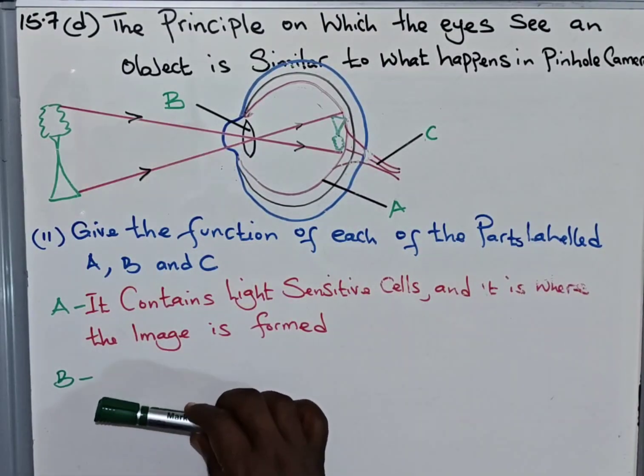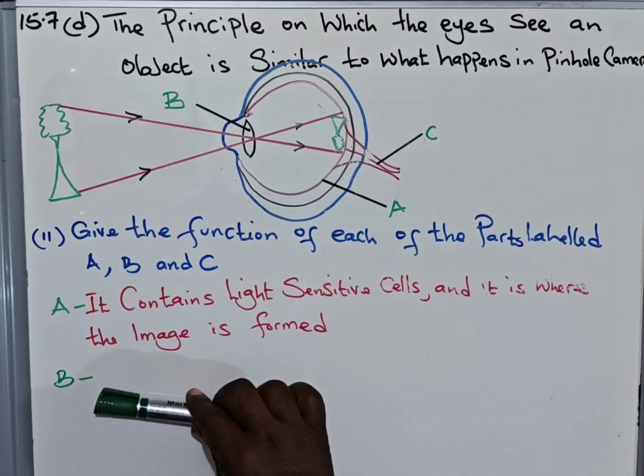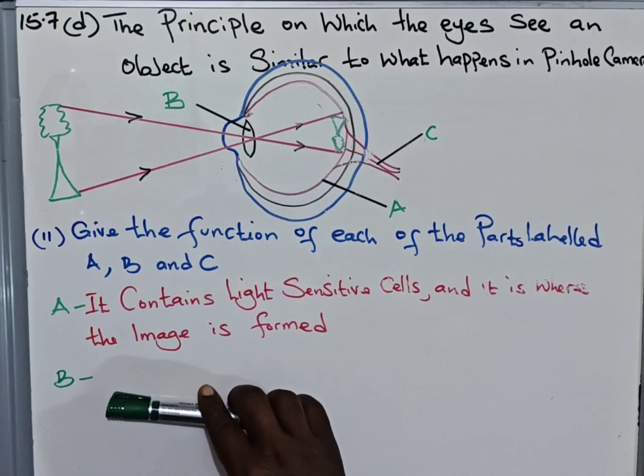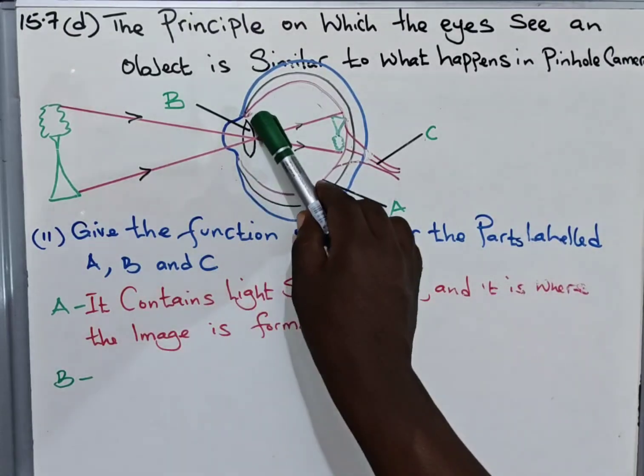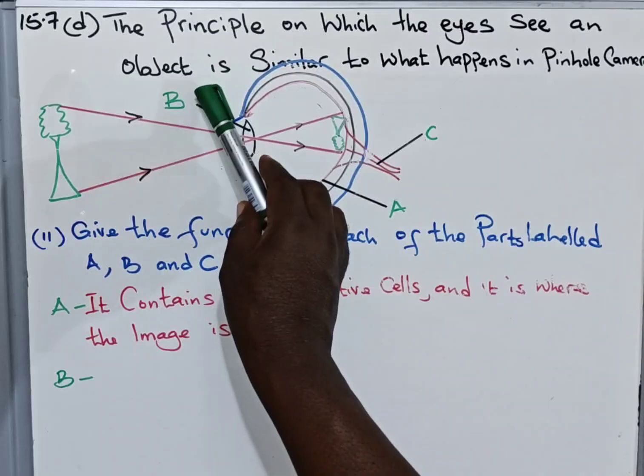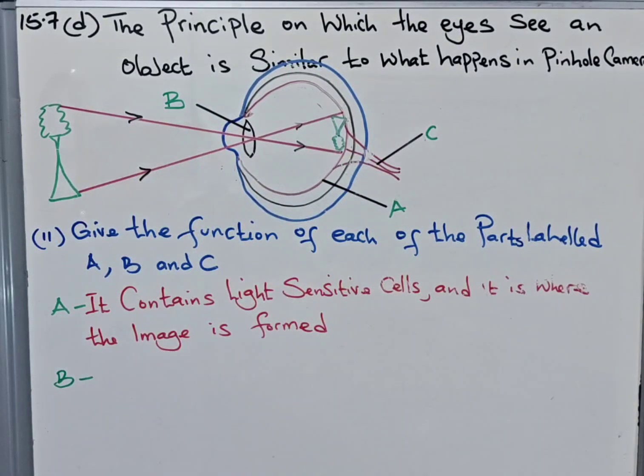Then B. What is the function of B? B is this part we said is the lens. So what's the function of the lens? The lens serves to focus the light. Focusing is some kind of bringing light to one concentrated area. So that's the function of the lens.